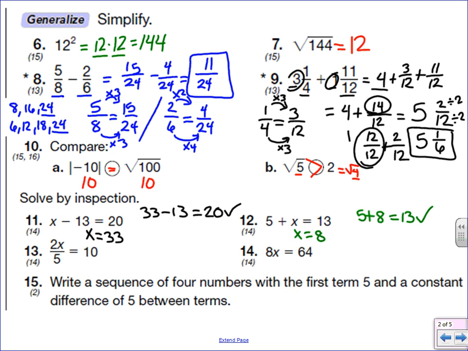2 times a number divided by 5 equals 10. So we need to know, first of all, what number, when I divide it by 5, gives me 10. And 50 divided by 5 would give me 10. So this top number right here, 2 times that has to equal 50. So 2 times what number gives me 50? Well, that number is 25.